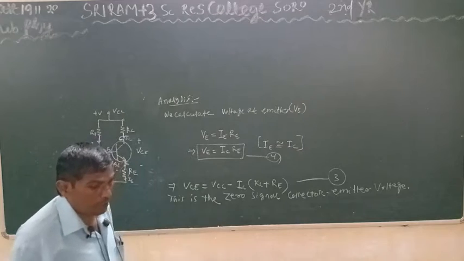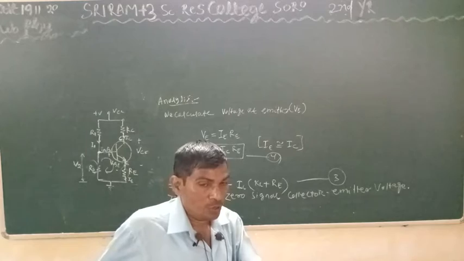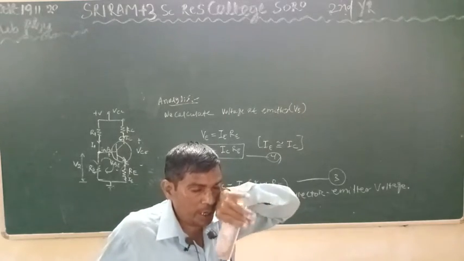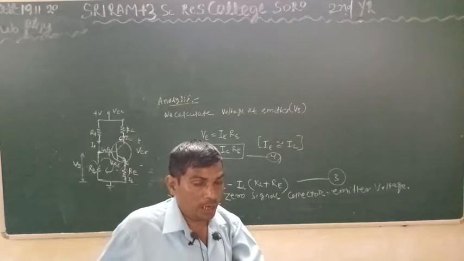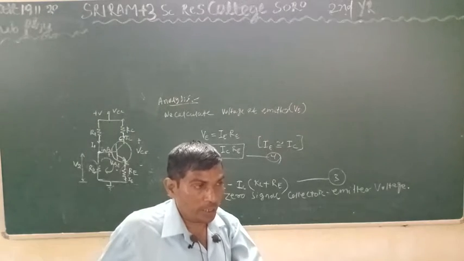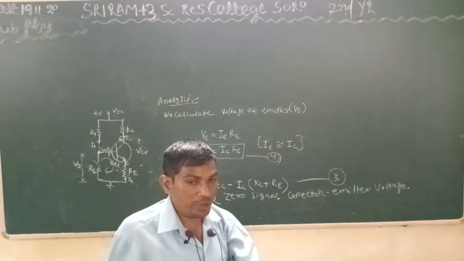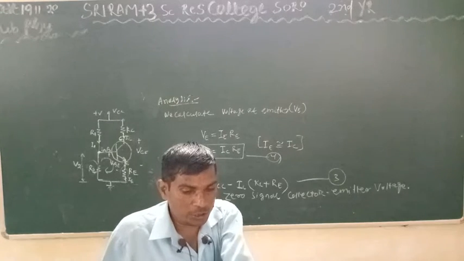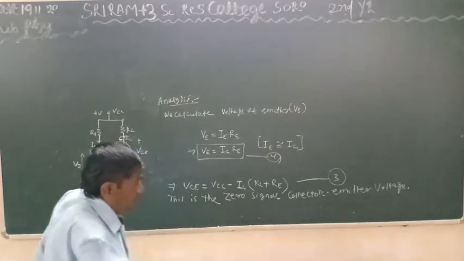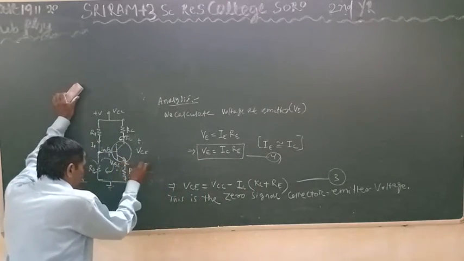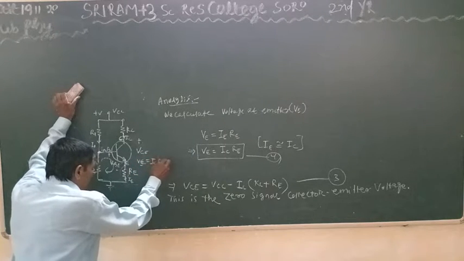The current flowing across RE is the IE current, and the voltage drop is calculated as IE RE. IE is nearly equal to IC. So this is the voltage at the emitter point, VE, equal to ICRE.